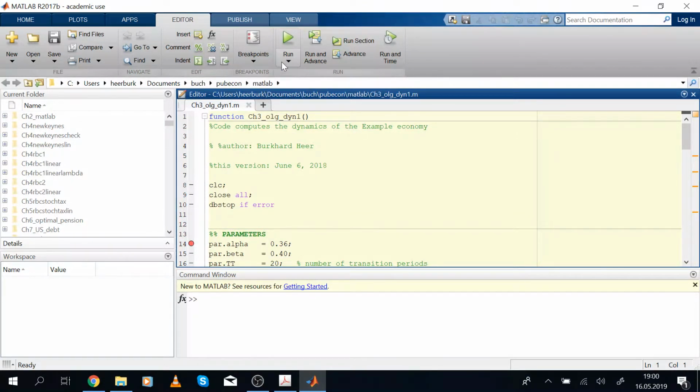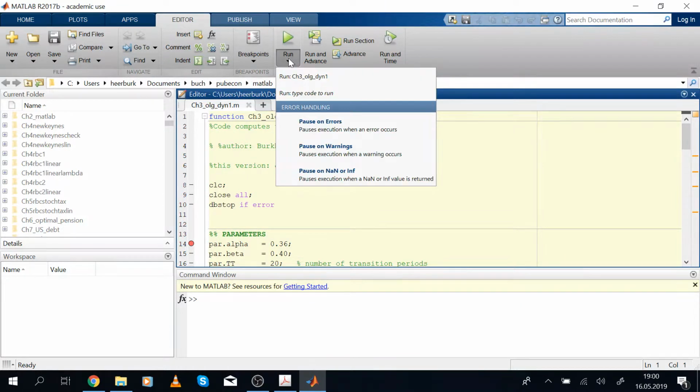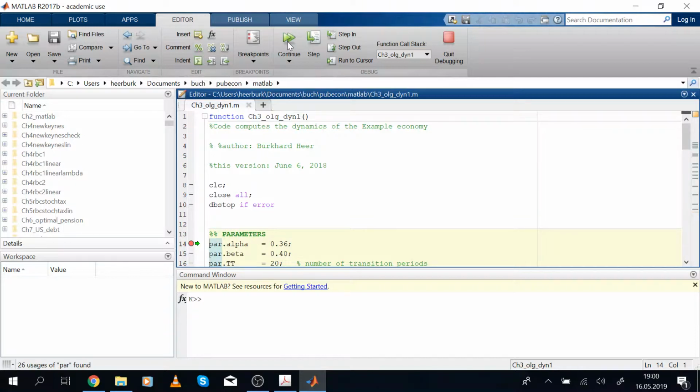If you now run the program by clicking the green arrow, Matlab executes the program until it gets to line 14, where it waits for your input. To move on in the program, you may press F10 or the green arrow in the top menu to go from line to line.